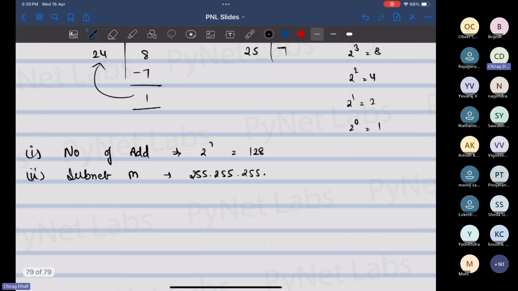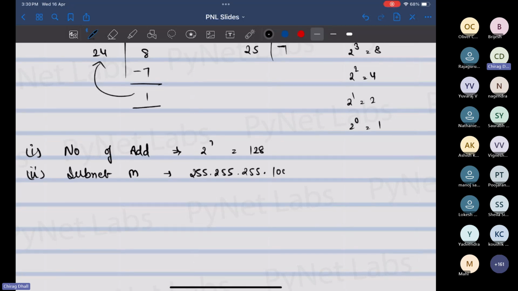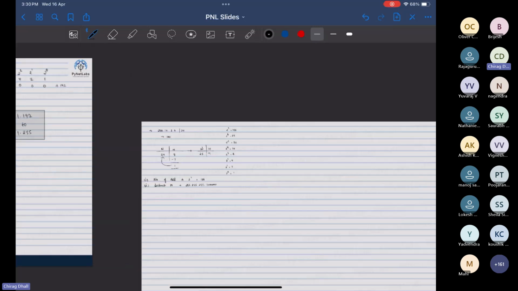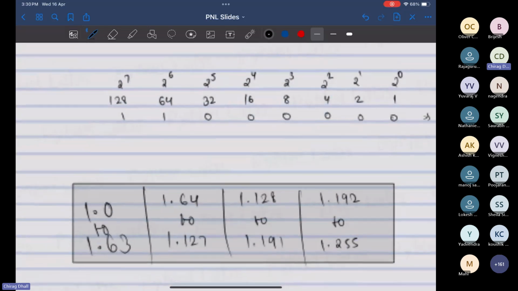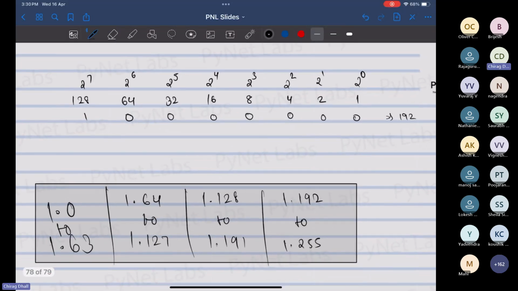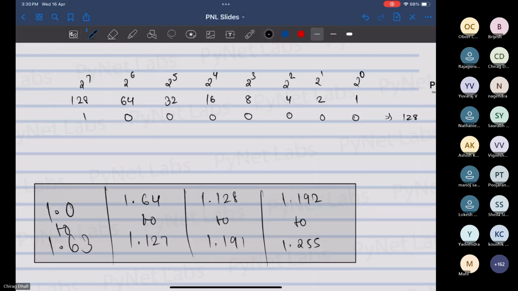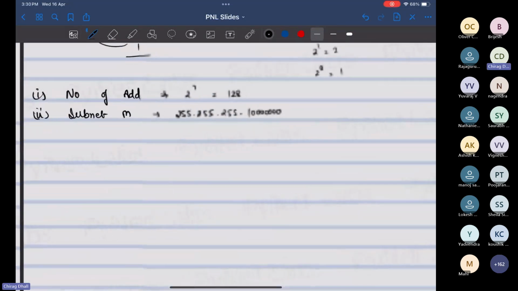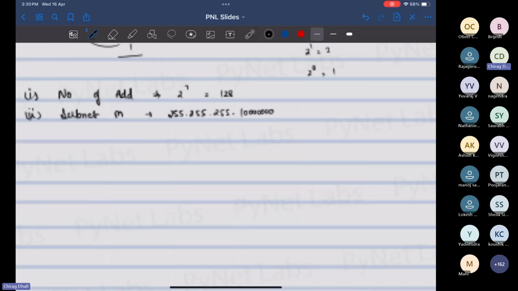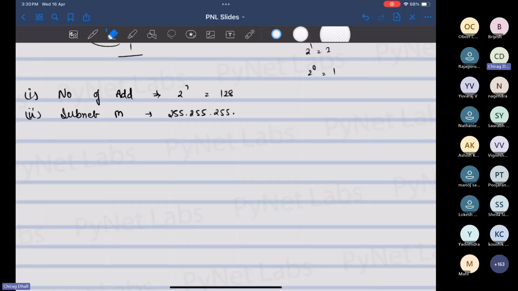And because we have one extra bit, the last octet is going to look like this. 1 and 7 zeros. If I put that in my master formula, what's going to be the outcome of that? It's going to be 128, right? I can say my subnet mask is going to be 255.255.255.128.